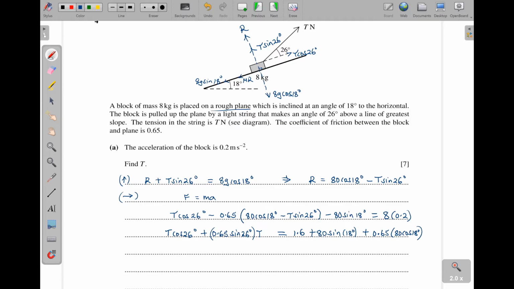So we can factorize out T as common. Here we shall have cosine of 26 plus 0.65 sine of 26 degrees.